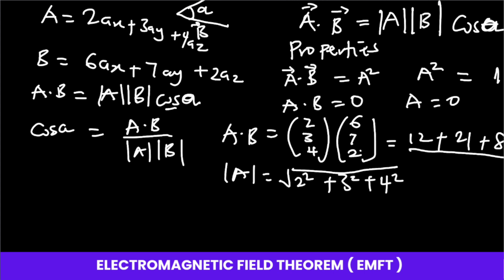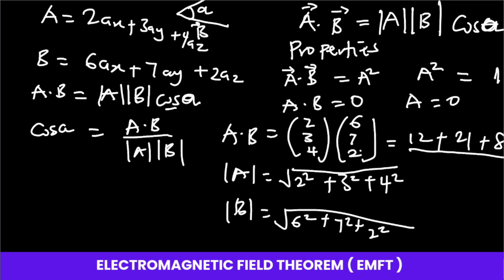And that of B is the square root of 6 squared plus 7 squared plus 2 squared. When you are done with it, you replace these values here, and A dot B was given as this parameter, and then you can take the cos inverse of that to find the value of the angle.